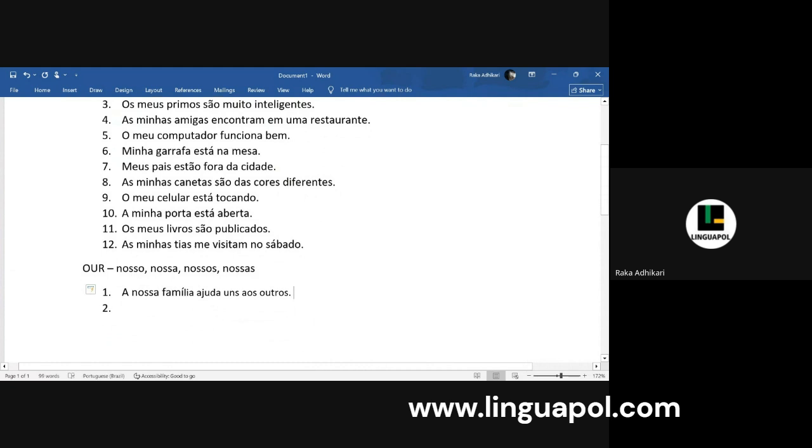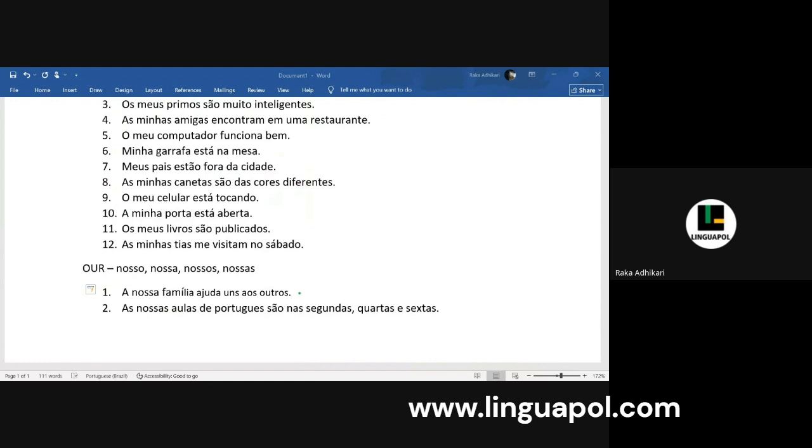A few more examples. As nossas aulas de português, our classes of Portuguese.